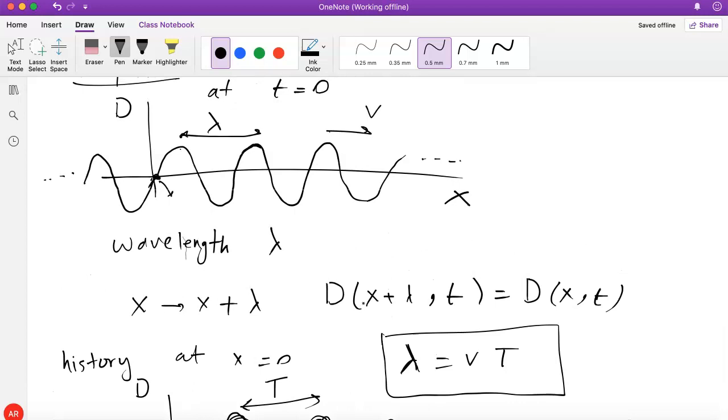So what is from here to here? That's the same distance as peak to peak, so that's one lambda, from here to the one after the next. If you shift it by this amount, this point comes to here and it repeats itself.